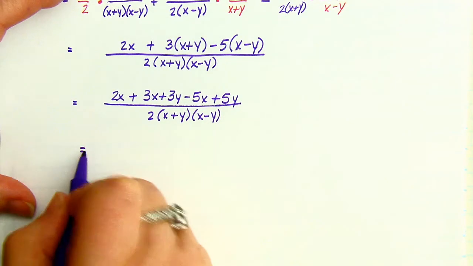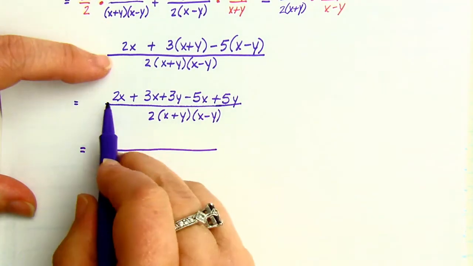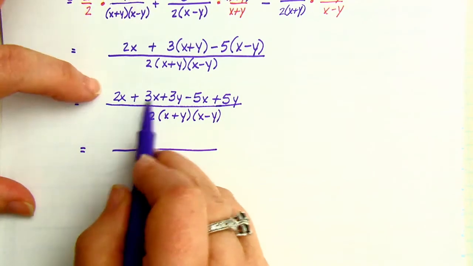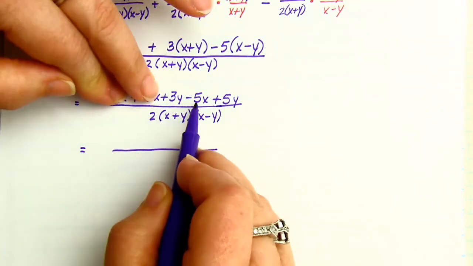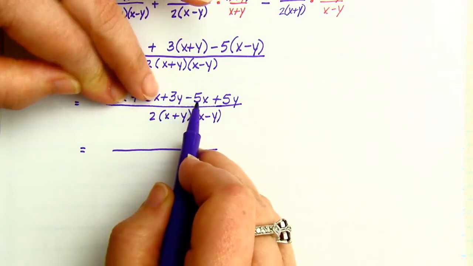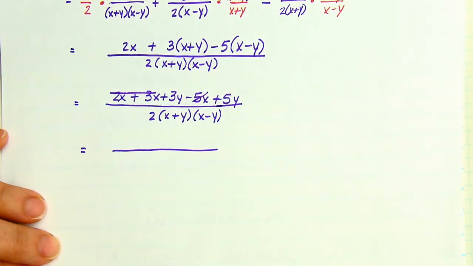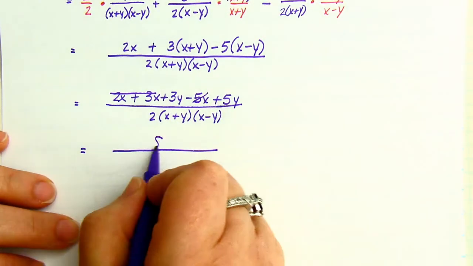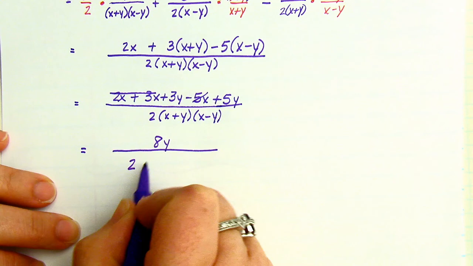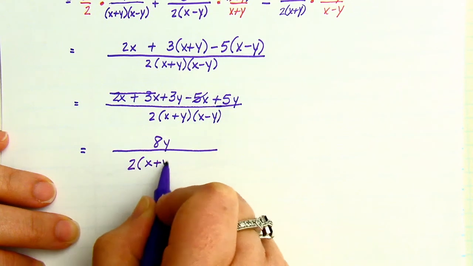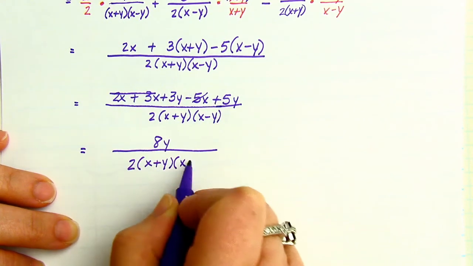Combine like terms in the numerator. Linear terms, I've got 2x plus 3x is 5x minus 5x is no more x, so these are all going to equal 0. 3y plus 5y is 8y over 2 times quantity x plus y, x minus y.